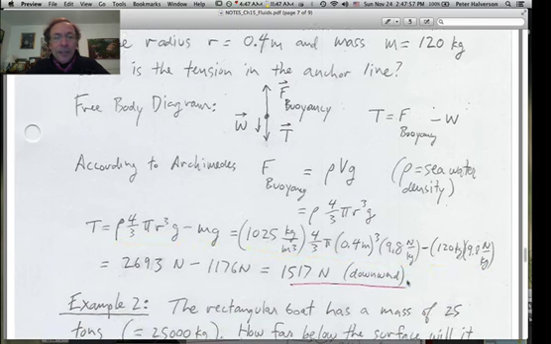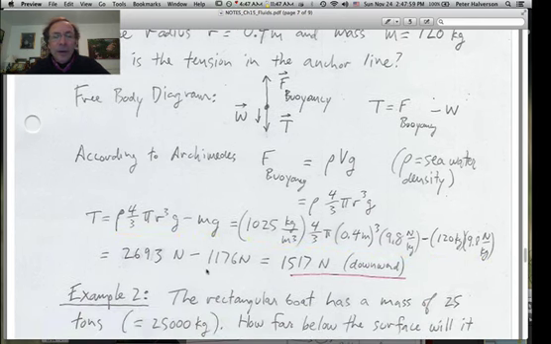And we get altogether 1,517 newtons, and it's a downward pull, but let's see. Why don't I have a negative sign here?